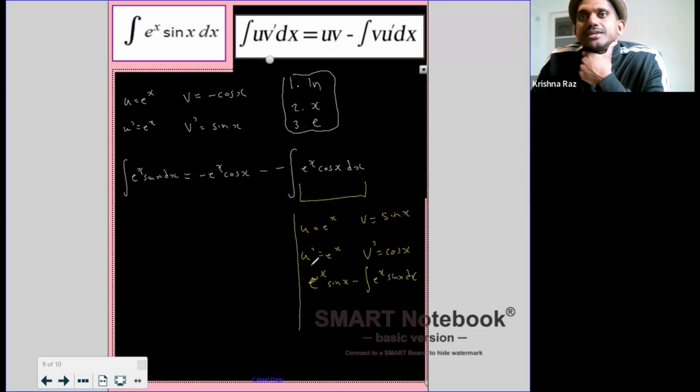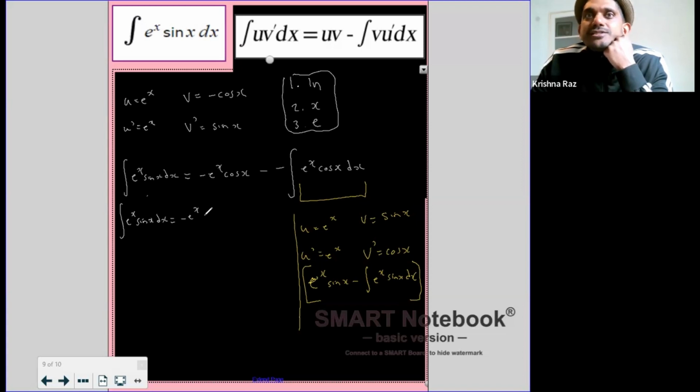So if we piece that together, what we have is the integral of e to the x sine x dx equals minus e to the x cos x plus, because the minus the minus, what I've written in yellow.